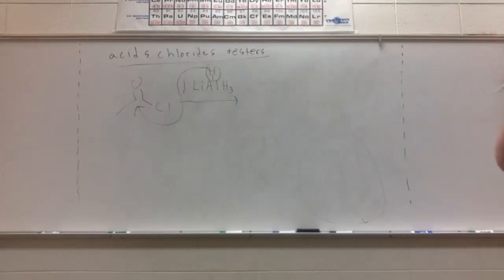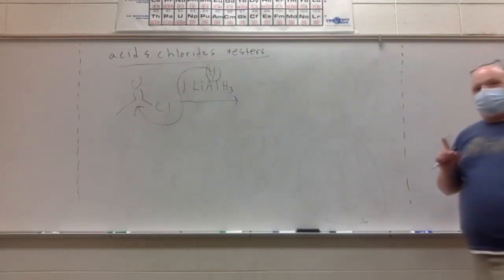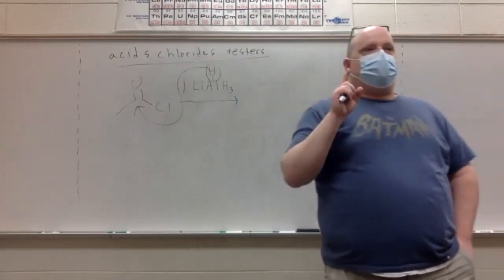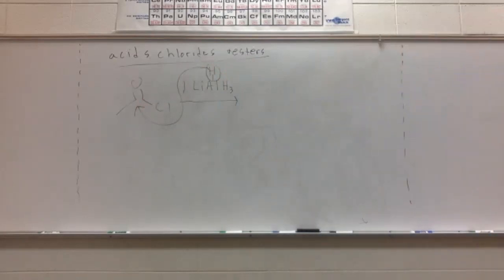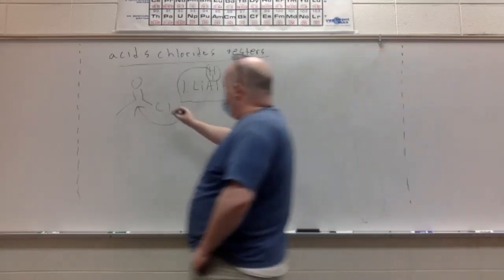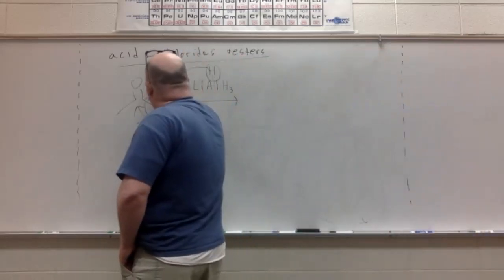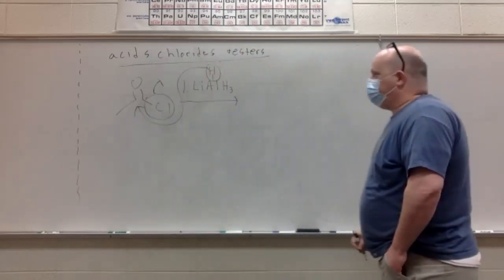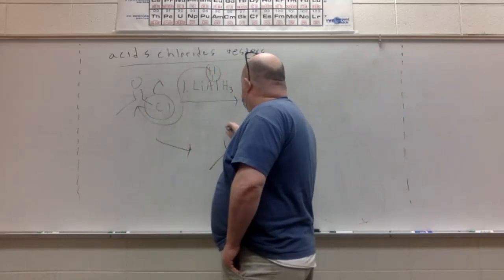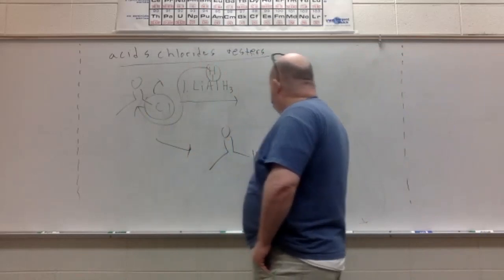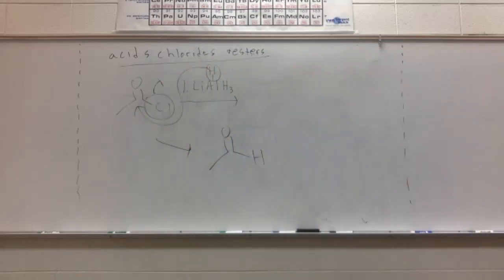Double bond move up? That's actually not going to happen in this case. That's what would happen if we had a nucleophilic addition. This is going to be a substitution, so something else is going to happen. Cl minus is going to leave. It's going to get booted off. And what does that make? Makes an aldehyde, right?